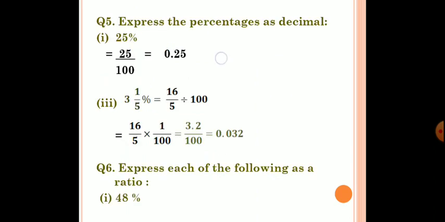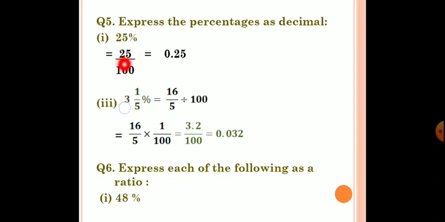Next, express the percentages as decimals. So now we have to convert this percentage form into decimal. 25% can be written as 25 by 100. Now the simplest way of division when the denominator has multiples of 10 is to count the number of zeros in the denominator and place the decimal before that many digits.